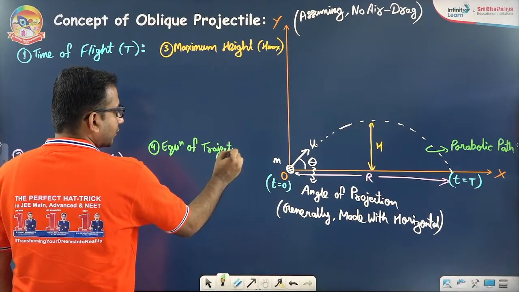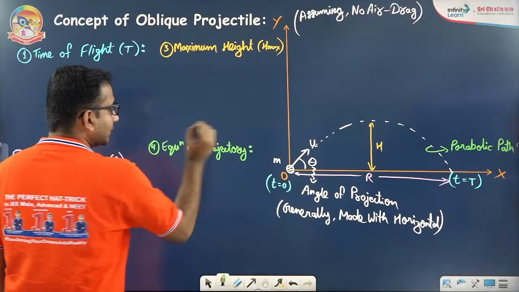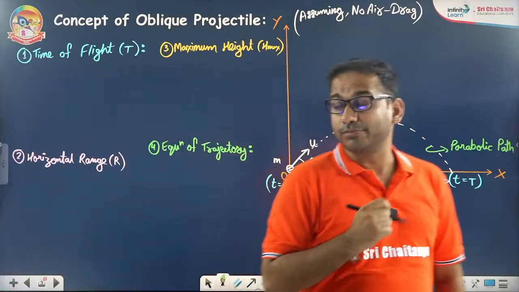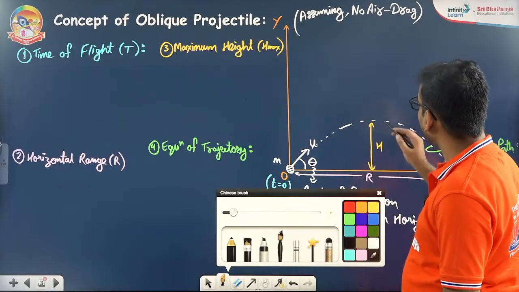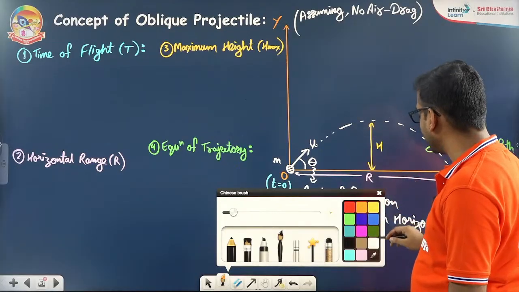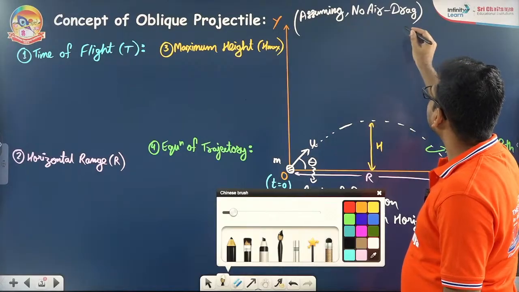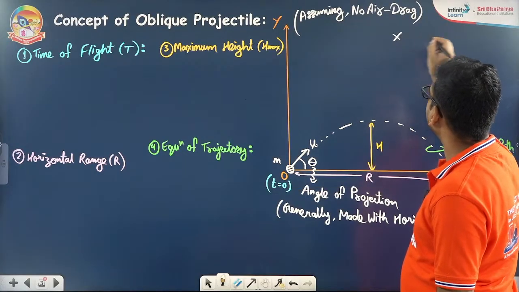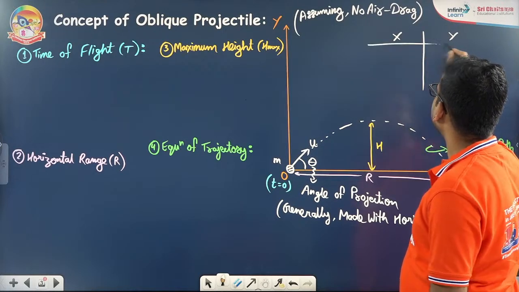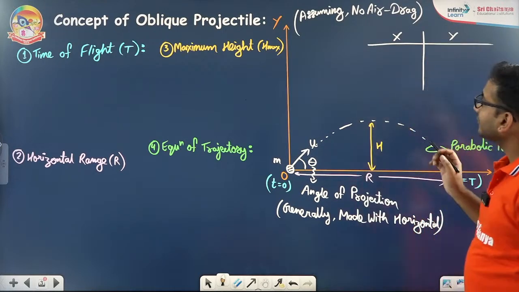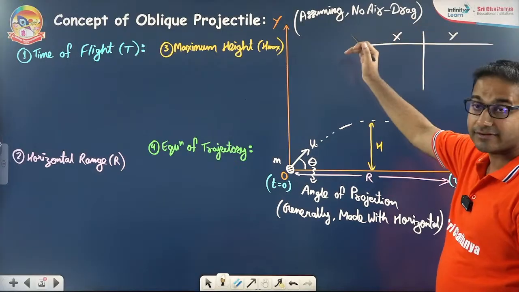Before talking about any of these things which I have mentioned on the board, I would again like to emphasize what we know in the x-axis and what we know in the y-axis. In the x-axis, the convention will be forward positive, backward negative.